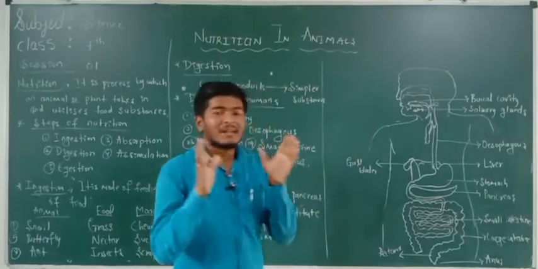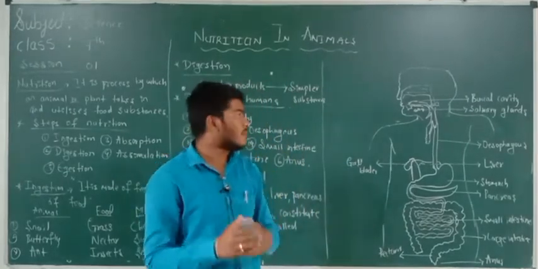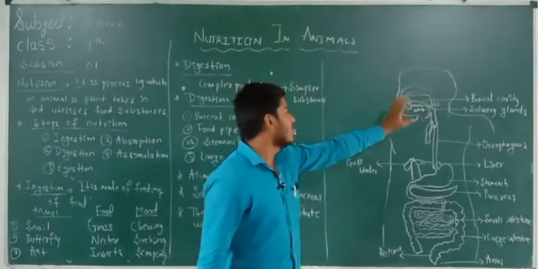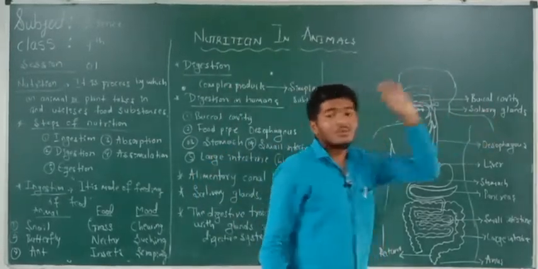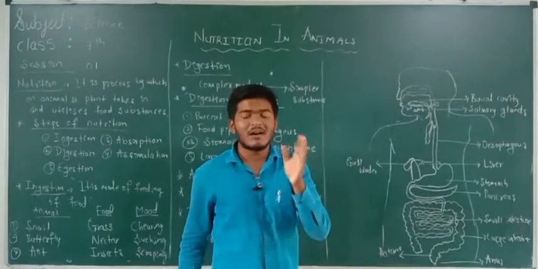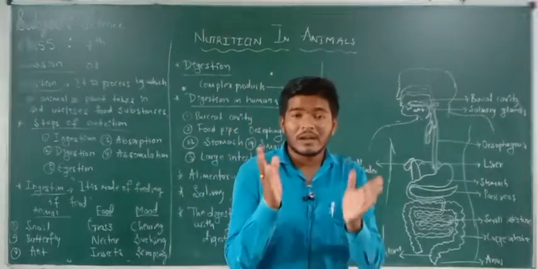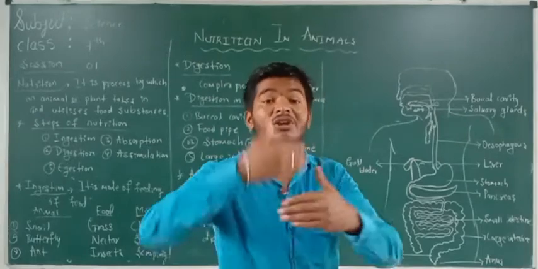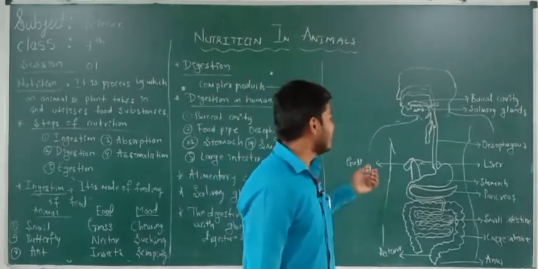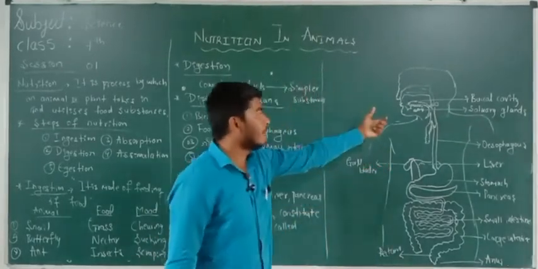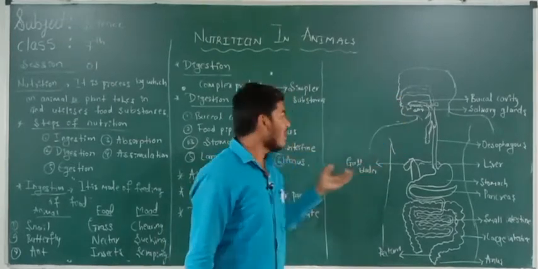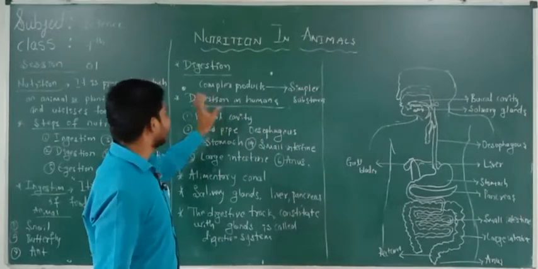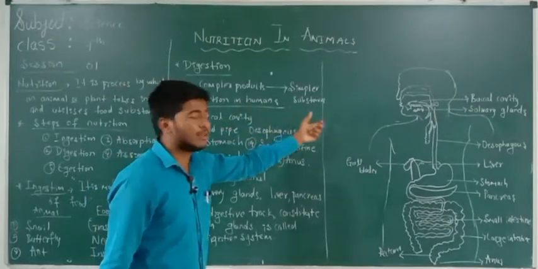So the digestion of the food starts at the buccal cavity, and the salivary glands secrete saliva, which helps convert the starch in the food material into sugars. So the digestive system starts with the buccal cavity. It is all about the buccal cavity. This is the first step of the digestive system in humans.